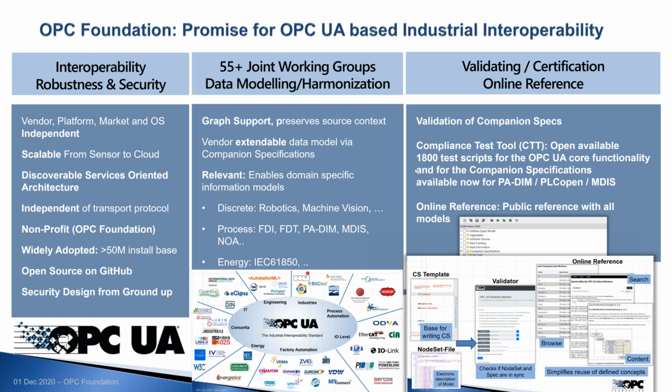In the middle, you have our cooperations with more than 55 partners in the world, and they are defining the semantic for specific devices or machines or services. And the combination of the semantic and the behavior of these machines and the meaning of data and the description together with OPC-UA is the package for the promise of industrial interoperability.